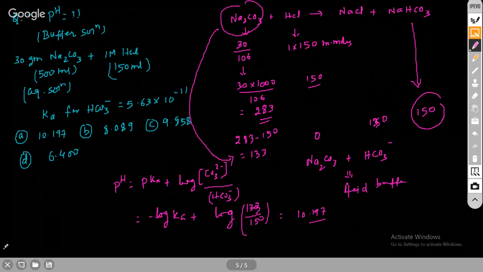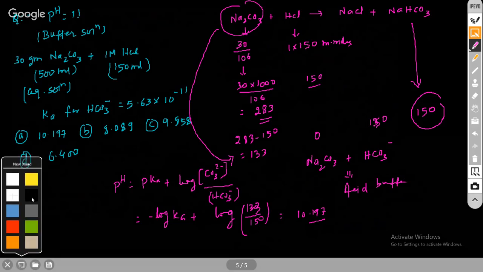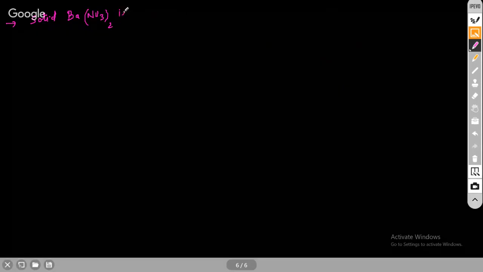Tell me fast. Two more questions we'll discuss. The last two questions. Write down: solid Ba(NO3)2 is gradually dissolved in 10 to the power minus 4 molar Na2CO3 solution.